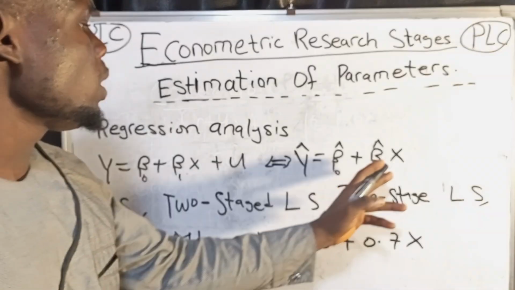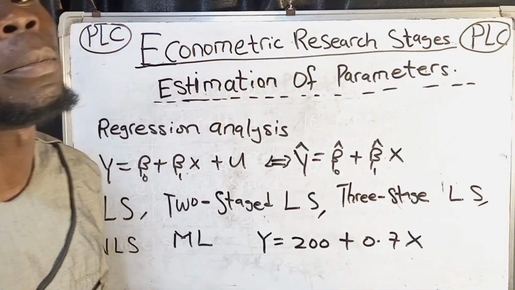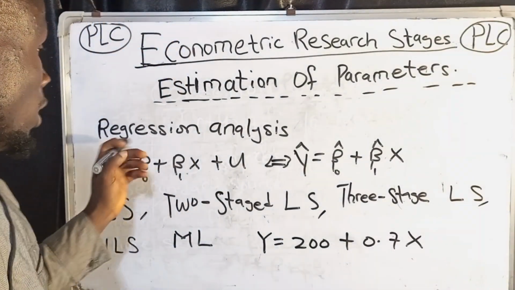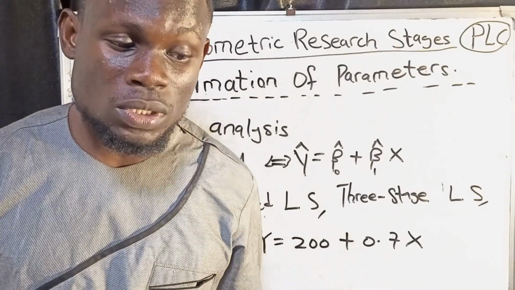Now, how do we find our beta naught and beta 1? How do we find their cap? How do we estimate them? Basically, in econometrics regression analysis, there are a number of methods used in estimation.